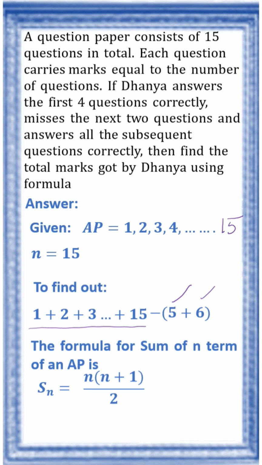Why have I used this formula? 2a plus n minus 1 into d is not suitable because d is 1 here. n by 2 into a plus l you can use, this is also okay. I have selected this one.